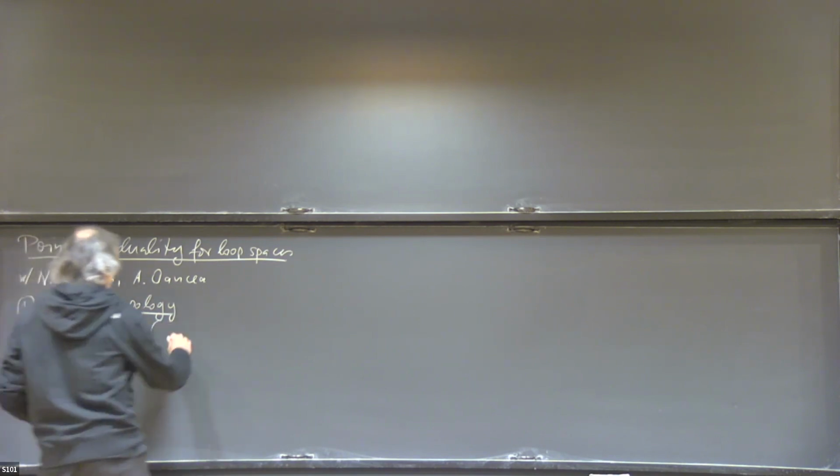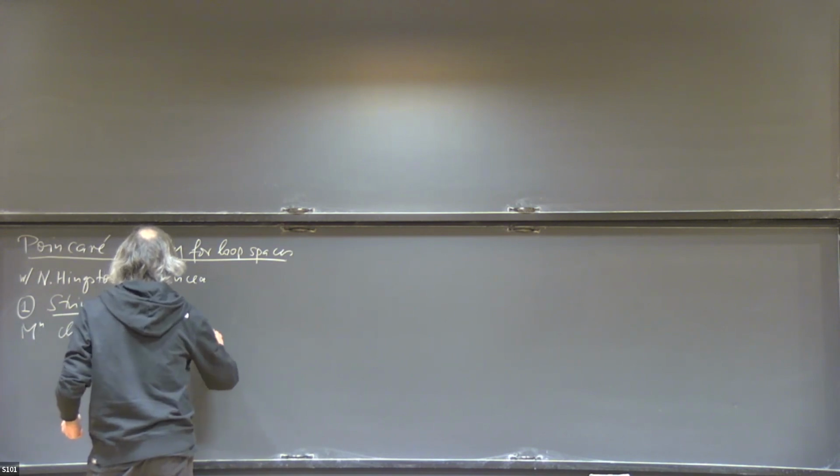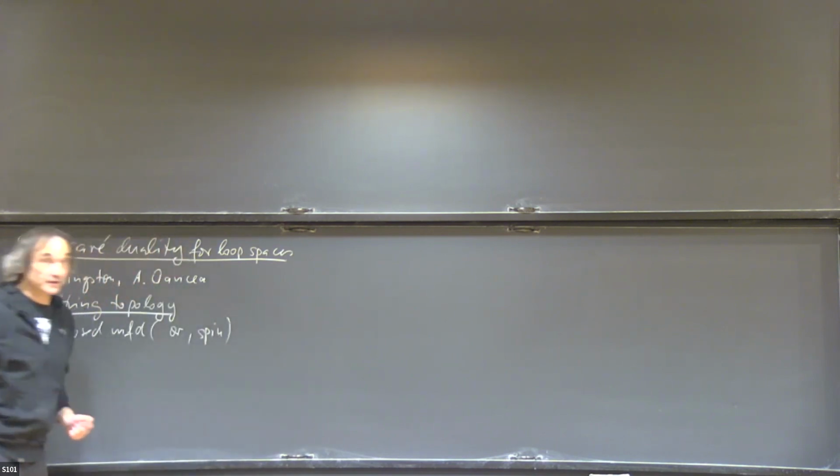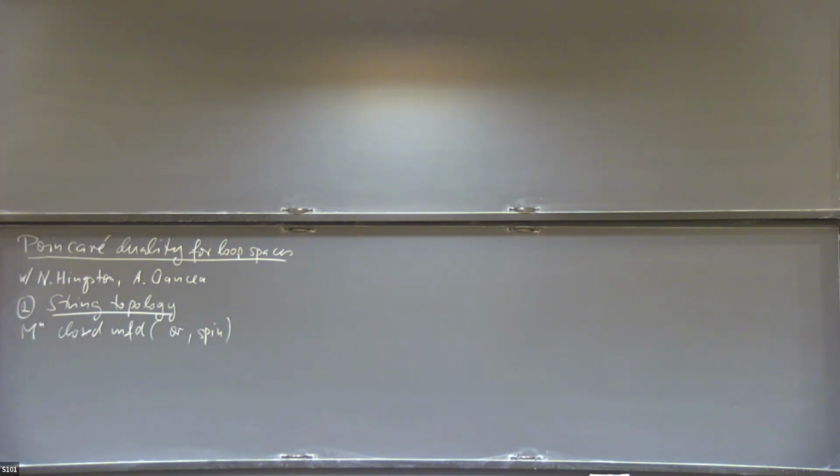If you want, you may assume it to be oriented and maybe spin when it comes to holomorphic curve theories. None of this is necessary if you're willing to work with twisted coefficients. But I will not go into such details anymore. Yeah, but everything is true without those assumptions.